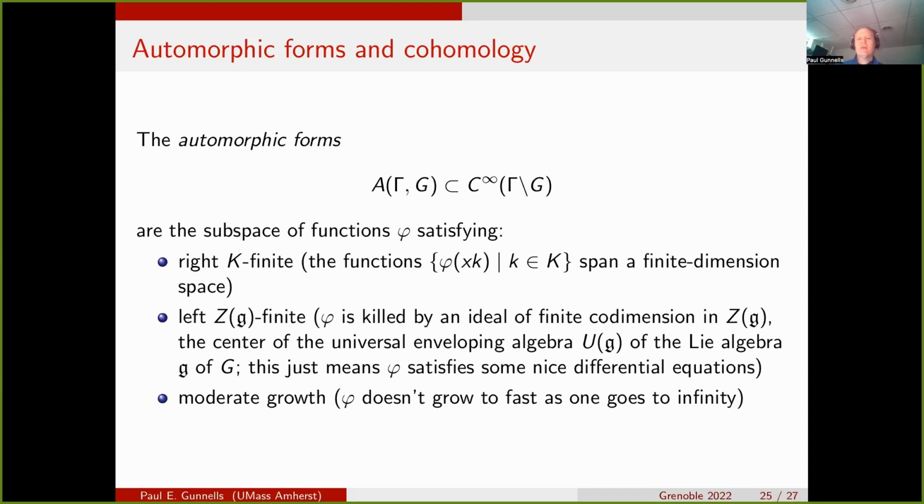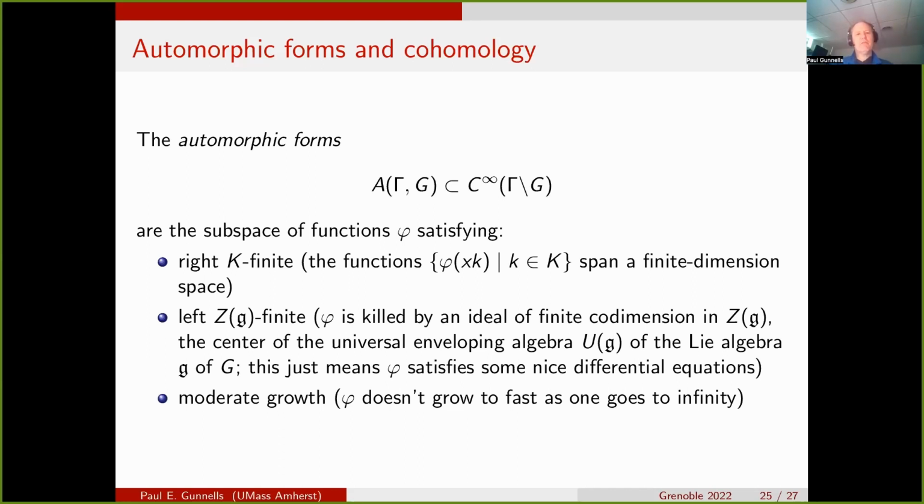Remember, G is the Lie group, not the algebraic group. You can think of G as being like SL_n(R) or something like that. Take the smooth functions on G that are gamma invariant, so the smooth functions on gamma backslash G, invariant on the left by gamma.